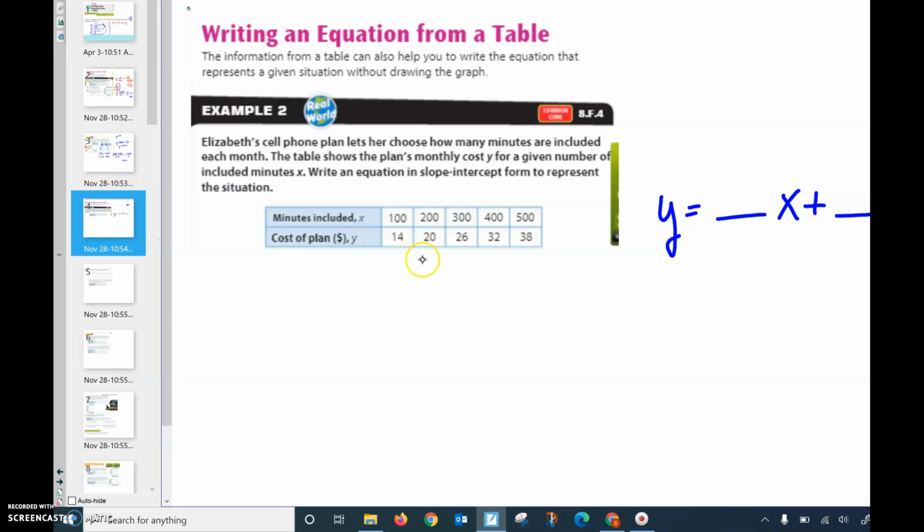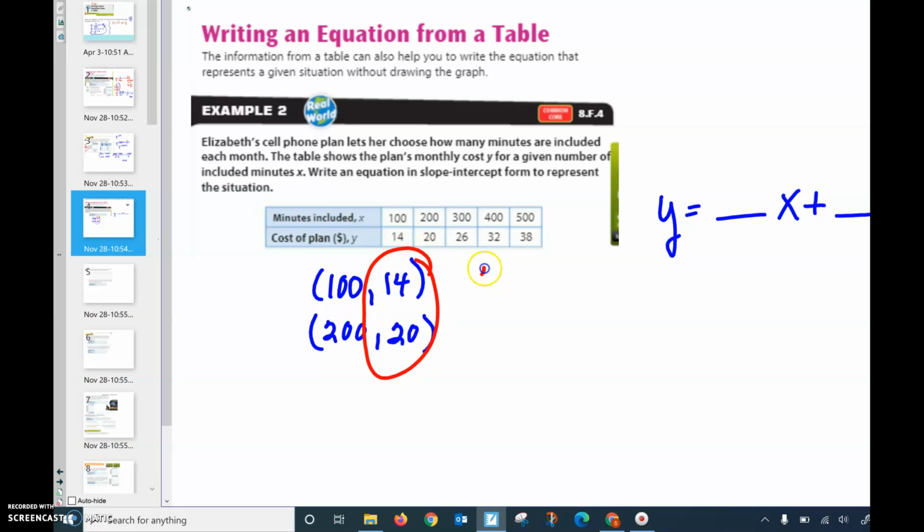So I'm going to write this first ordered pair, and I have the ordered pair 100, 14. And my second ordered pair is 200, 20. So remember, we're going to put our y values on top. So I have 20 minus 14, so I went bottom to top.